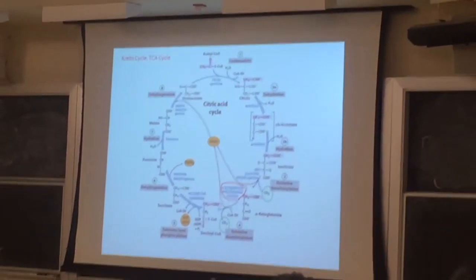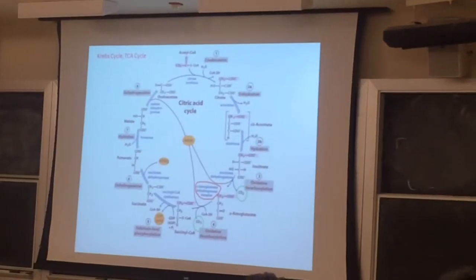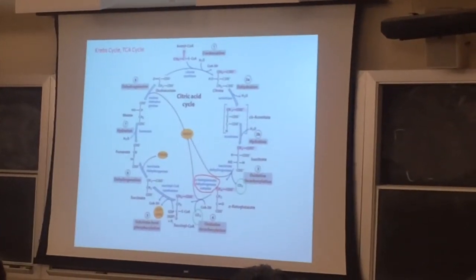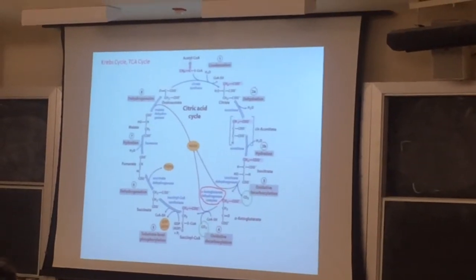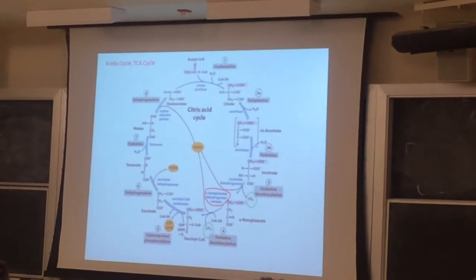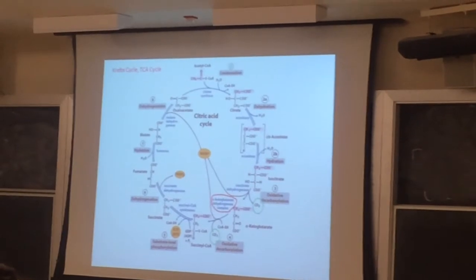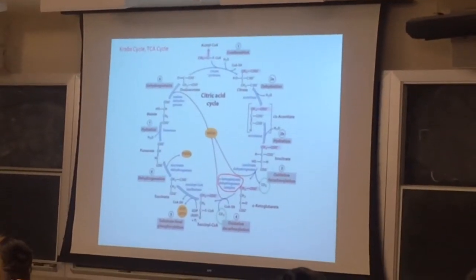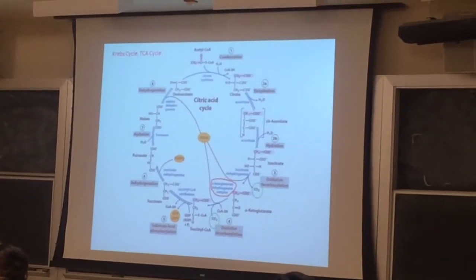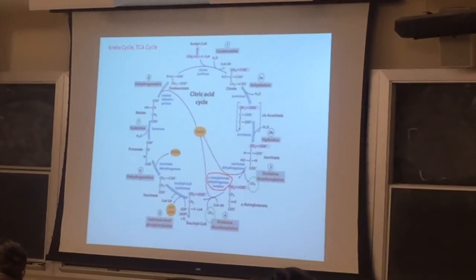This thing that converted alpha-KG into succinyl-CoA is the alpha-ketoglutarate dehydrogenase complex. This thing, for right now, is virtually identical to the PDH complex that you learned.